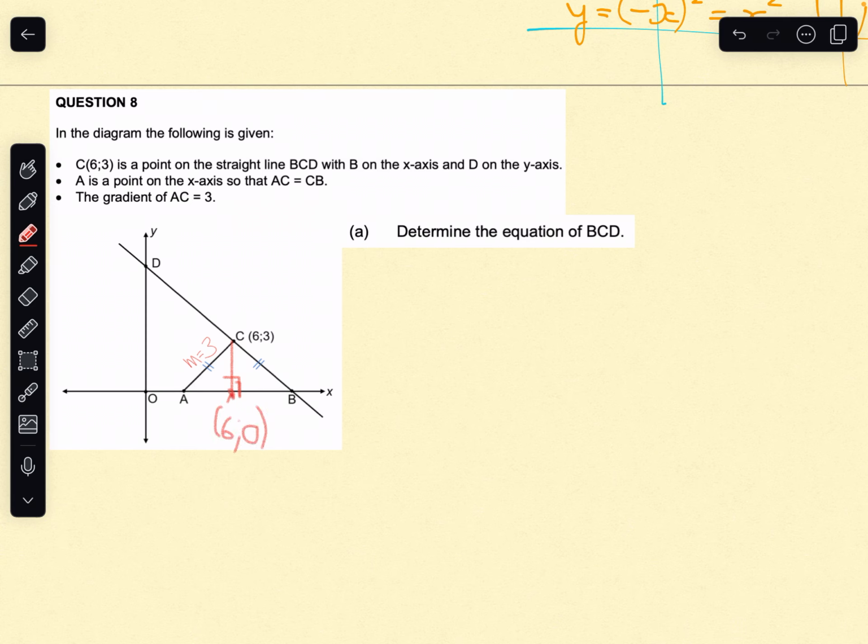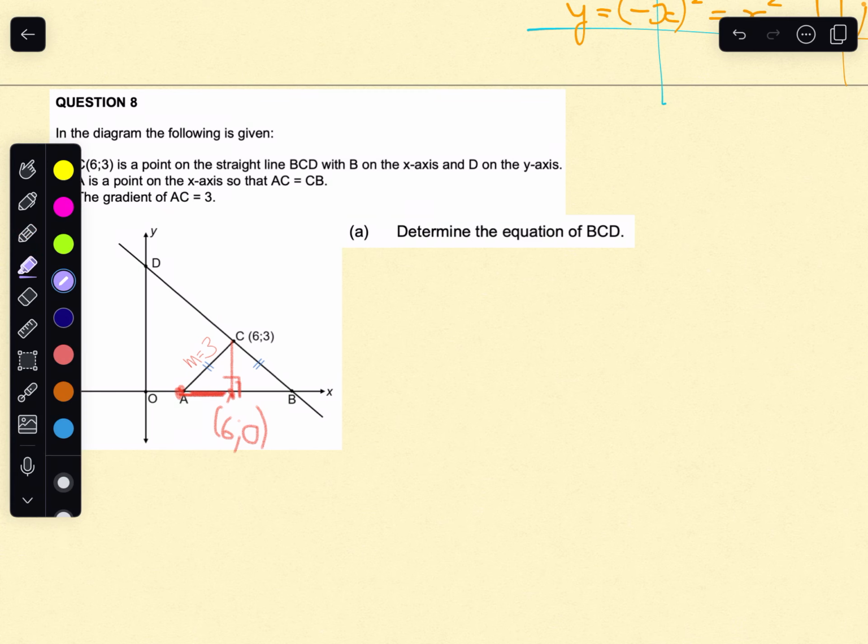It's straight beneath the C, so they have the same x coordinate and the y coordinate will be 0. If we can find the coordinates of A, then we will know this distance. And we then know this distance as well because of congruent triangles. Then we will know the coordinates of B, and then we will be able to work out the equation of this line.